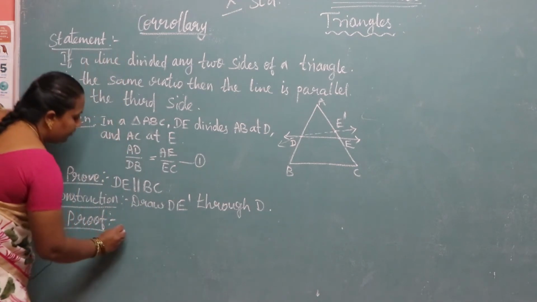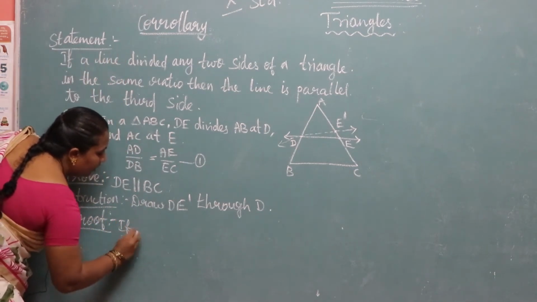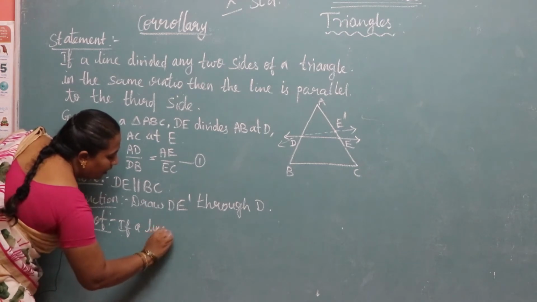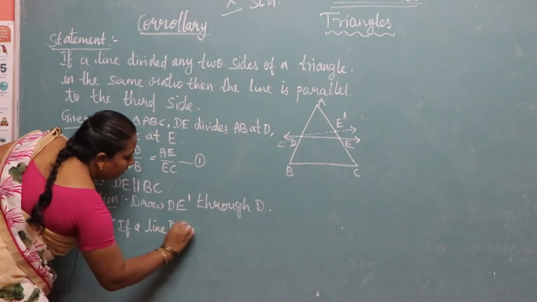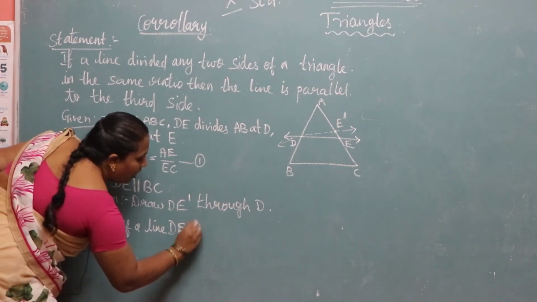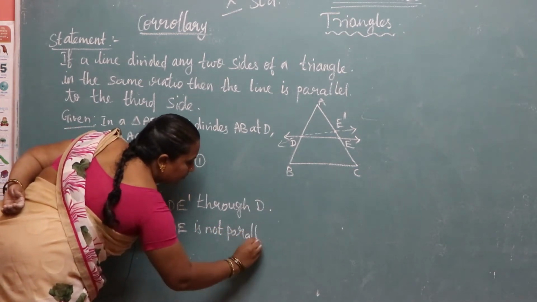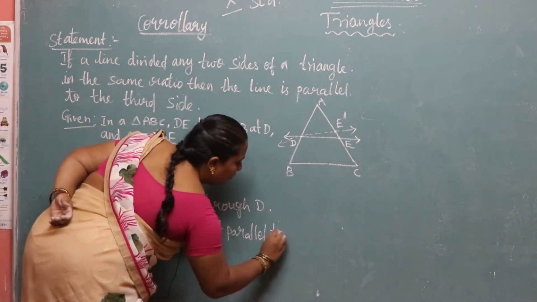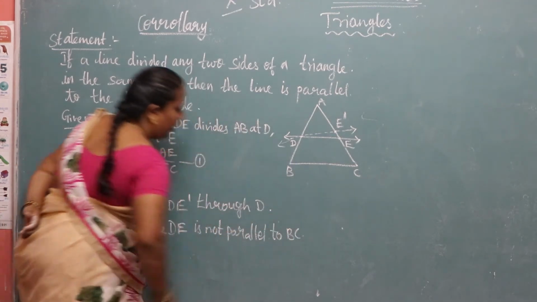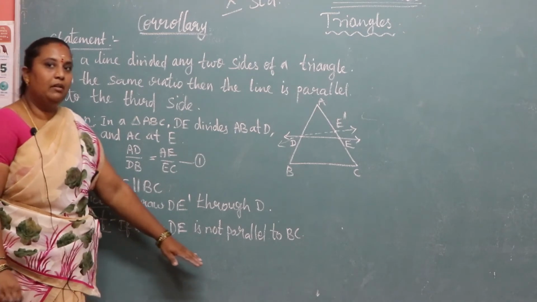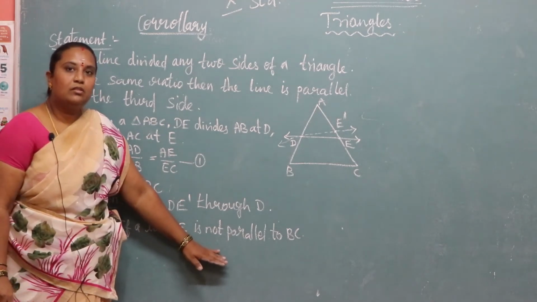Okay, if the line DE is not parallel to BC, it is not possible. We want to prove at last that this is not possible.